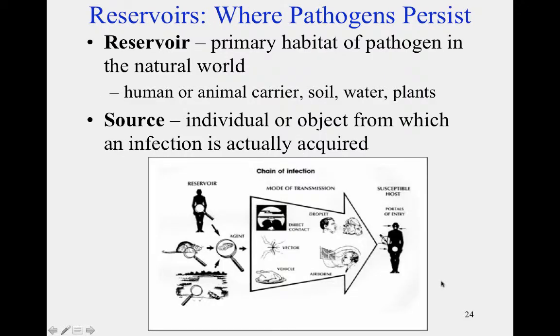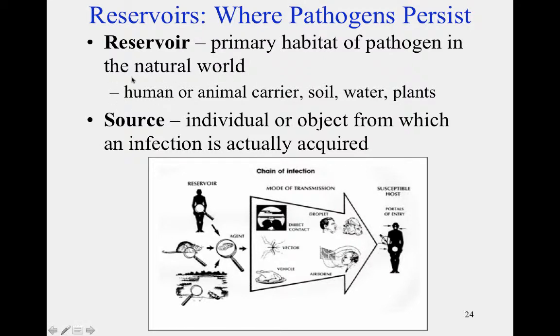Now, it's important to note here, every pathogen has a reservoir, and the reservoir is a primary habitat in the natural world. This is really important because when you have pathogens that have non-human reservoirs, especially other animals, and if it's more than one animal, or if it's a non-living reservoir like soil or water, this becomes really tricky to eradicate or completely get rid of a particular infectious disease.